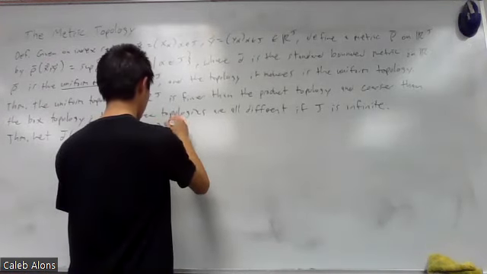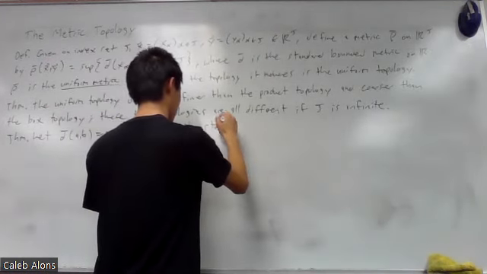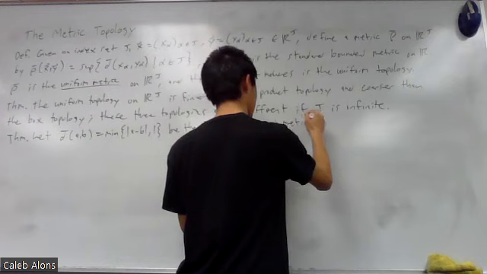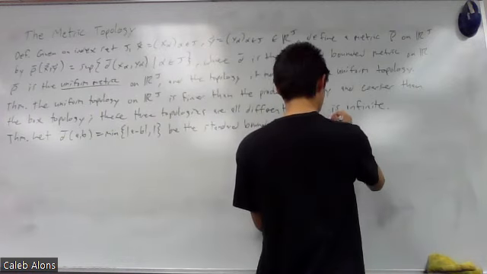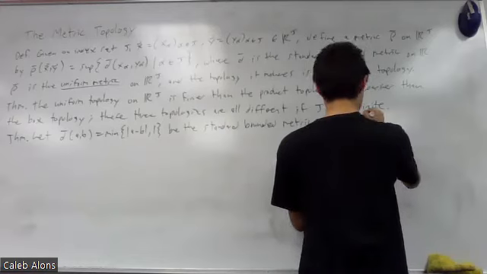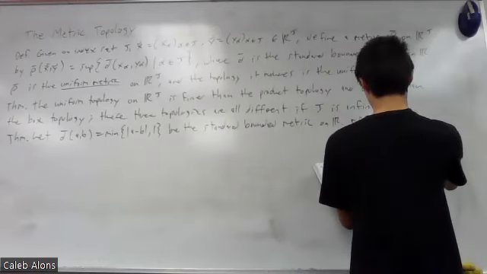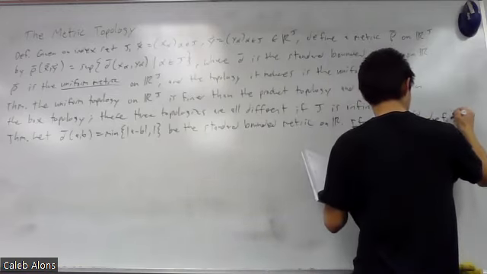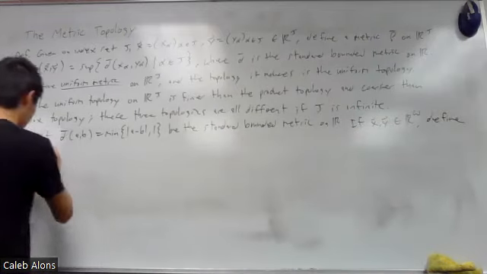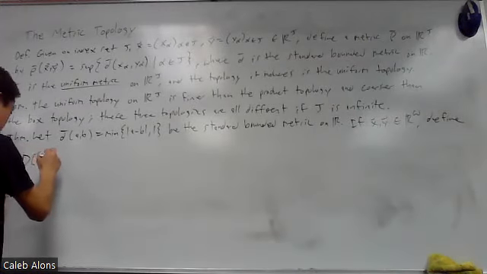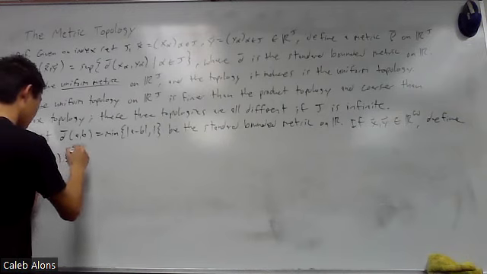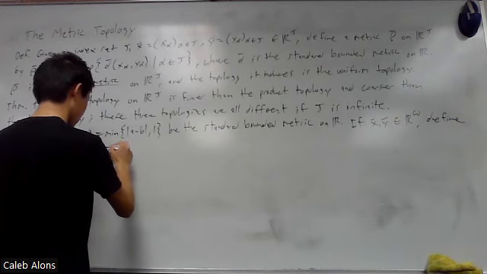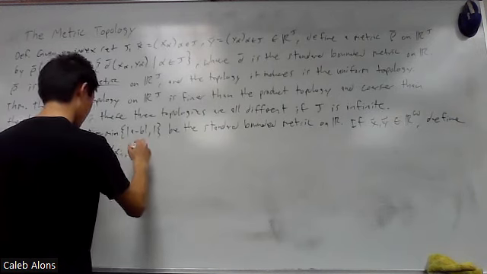This is the standard bounded metric on R. And so if the tuples x, y are in R^omega, then we define D of x, y to be the supremum of the standard bounded metric between x_i, y_i over i.